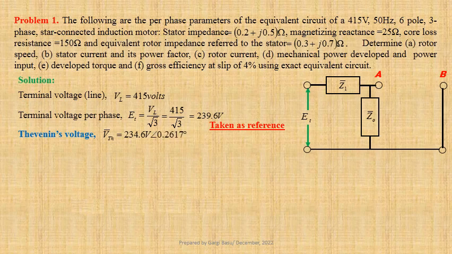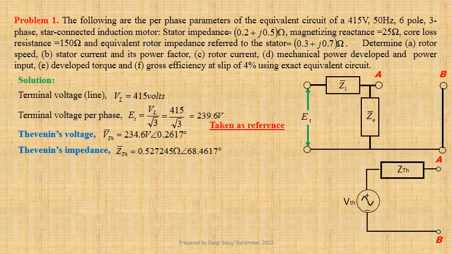and Thevenin's impedance Z Thevenin equals 0.527245 ohm at an angle 68.4617 degree. Let us draw the Thevenin's equivalent circuit as seen from terminals A and B. Now we shall connect the load, that is the equivalent rotor impedance per phase Z2 dash, back to this circuit.